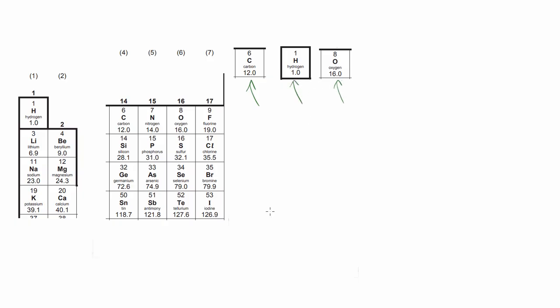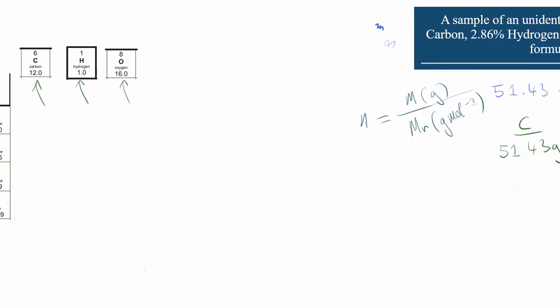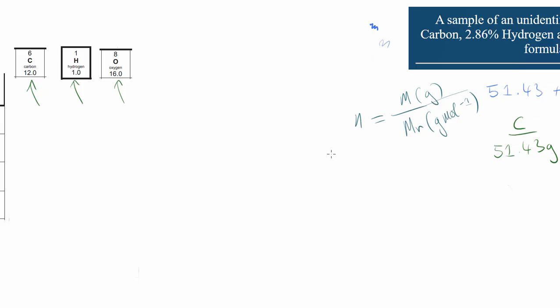So if I go back here a little bit, these are very common elements, so you probably already know what their relative atomic masses are, but just for the sake of comprehensiveness, I'm going to go through these steps.